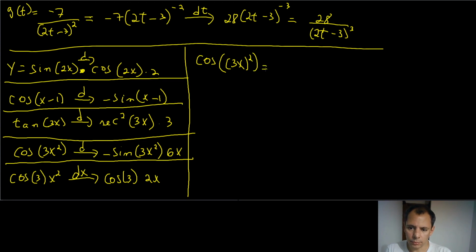So first you gotta put this in another form, like the cosine of 9x squared, okay? And now all you gotta do is differentiate it. It's gonna be the minus sine of 9x squared times 18x.